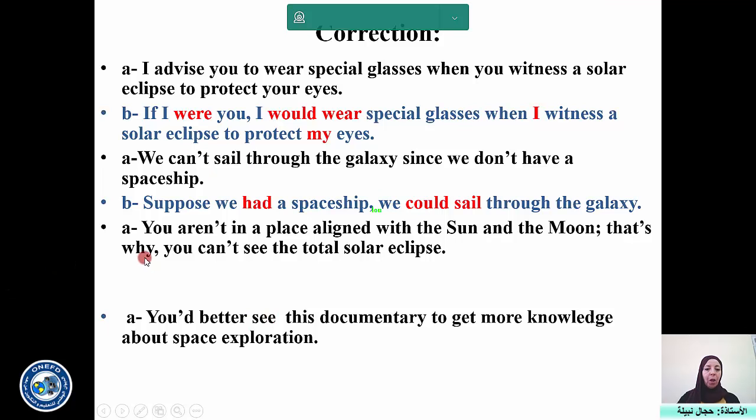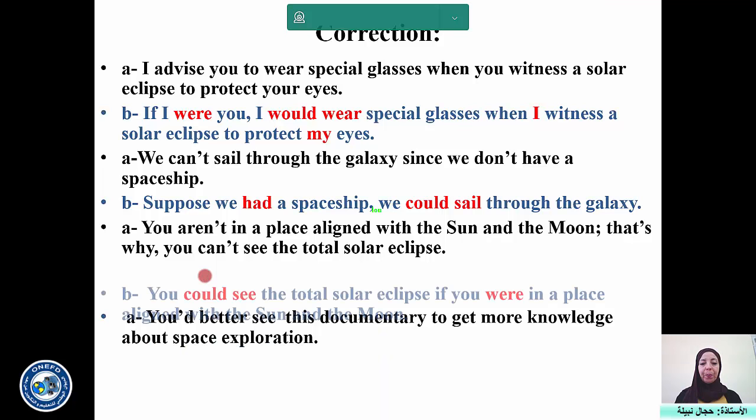Next sentence. You aren't in a place aligned with the sun and the moon. That's why you can't see a total solar eclipse. So this sentence here expresses result or consequence with that's why. Okay, again, a sentence like this one can be expressed using the conditional type 2.